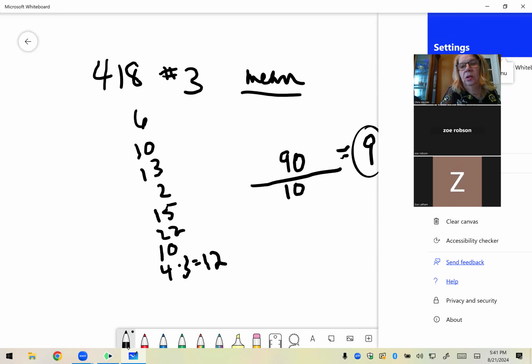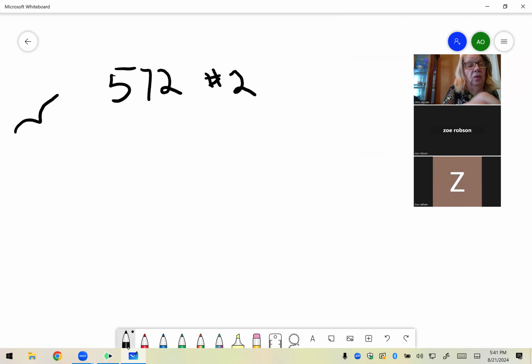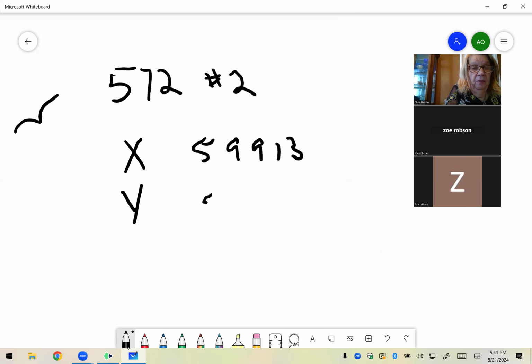So if we go to 572, number 2. And so this is one you can fly like an eagle and you don't have to calculate it. So set X is 5, 9, 9, and 13. Set Y is going to be 5, 9, 9, 13, and 27.